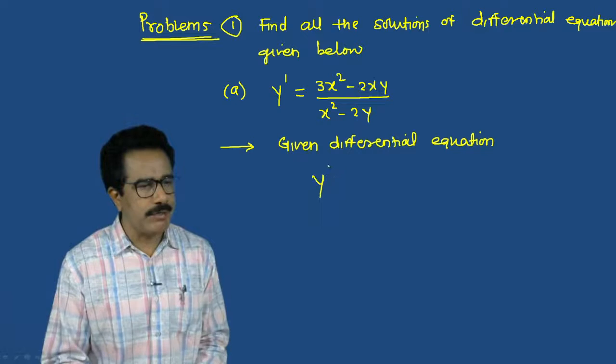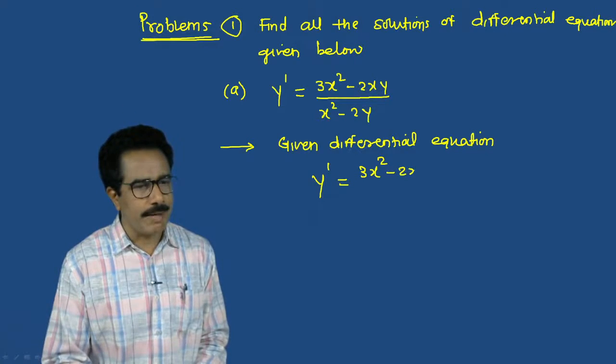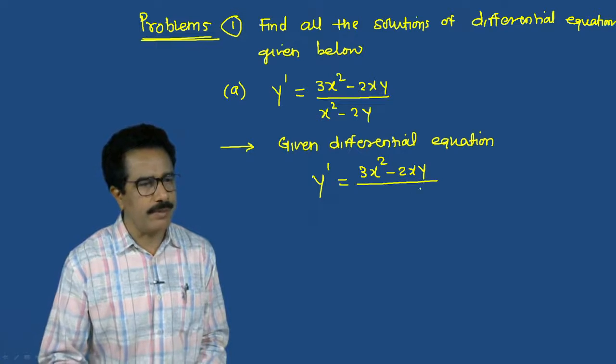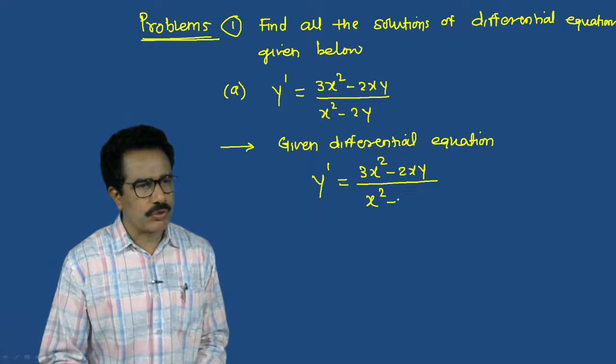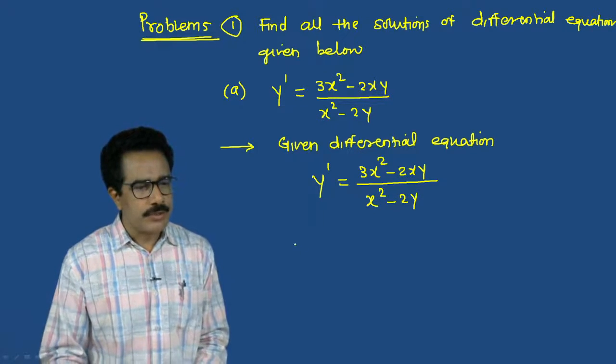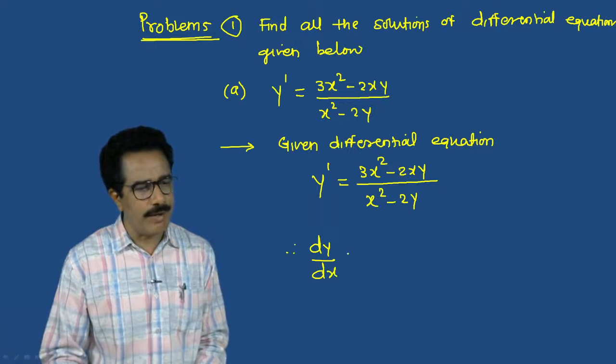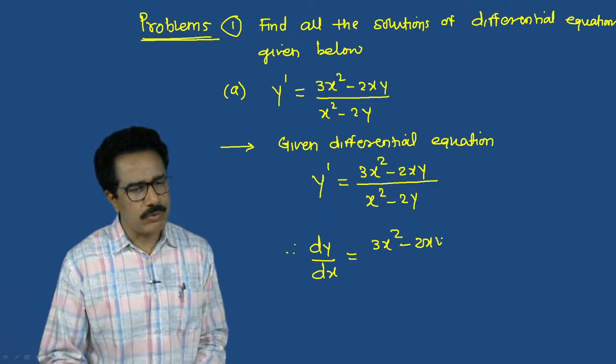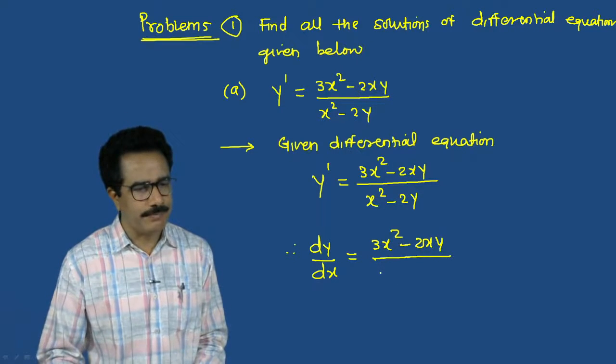So we can write y dash equals 3x square minus 2xy divided by x square minus 2y. This can be written in the particular form dy by dx equals 3x square minus 2xy divided by x square minus 2y.